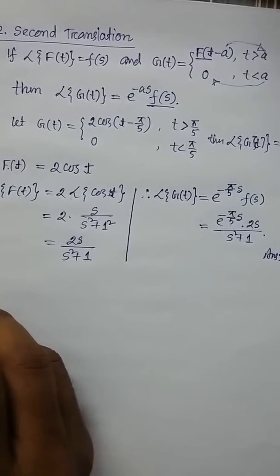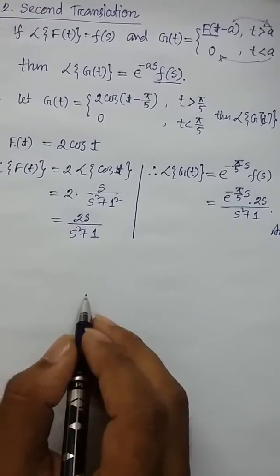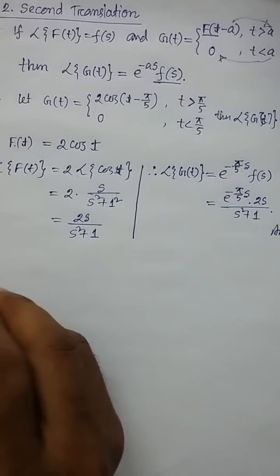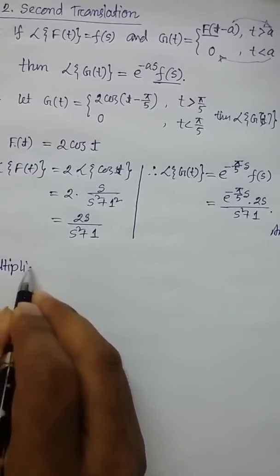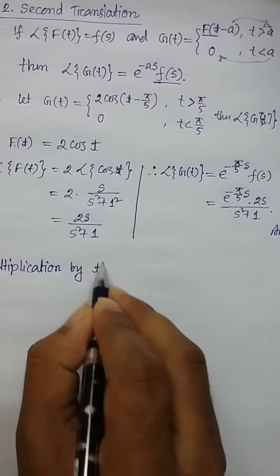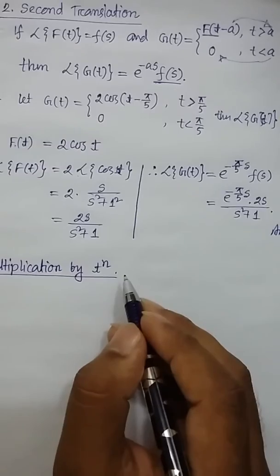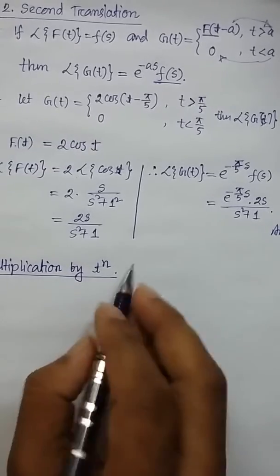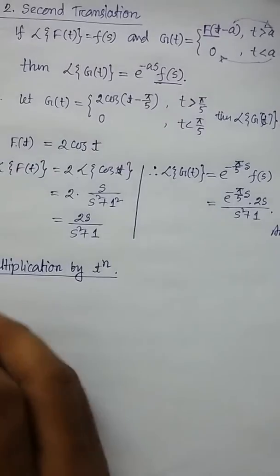Property 3 we call multiplication by t to the power n. If the given function is multiplied by t to the power n, then how will we find the Laplace transform?